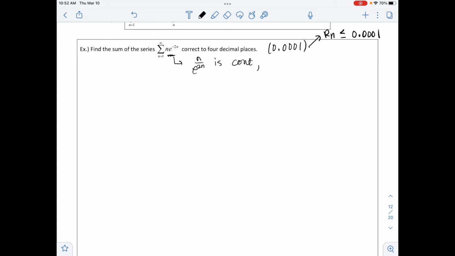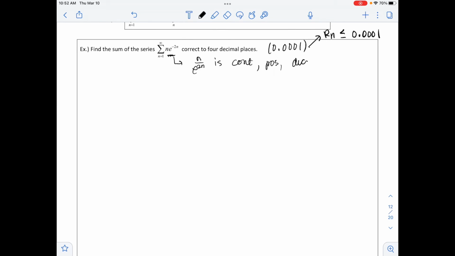Since we're dealing with a polynomial and an exponential, those are both continuous, so dividing them is still going to be continuous. Also, all those terms are going to be positive from n is 1 to infinity. And you can think about this and write out some of the terms, but this is also going to be decreasing, or you can use the first derivative test.